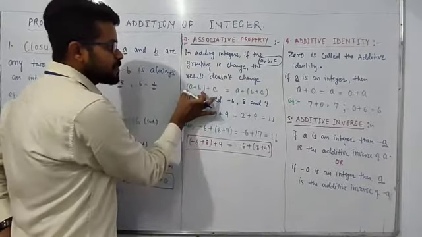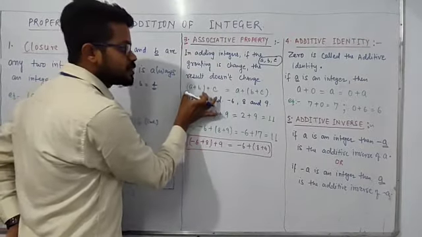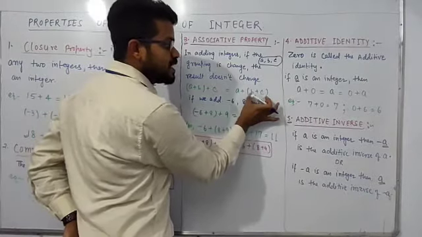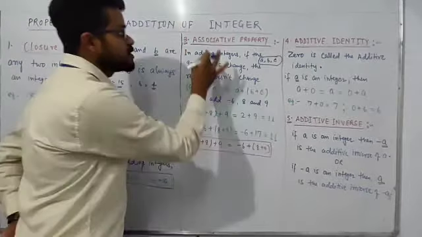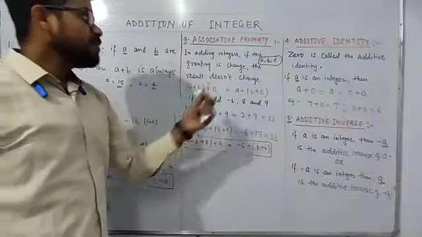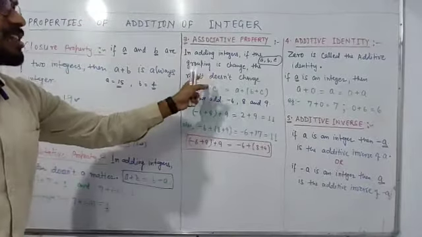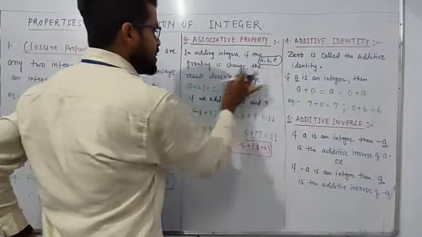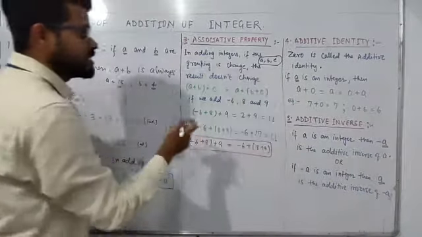We make a group: a plus b is in a group, which equals a plus b plus c where the group is b plus c. According to the associative property, if the grouping is changed, the result doesn't change.